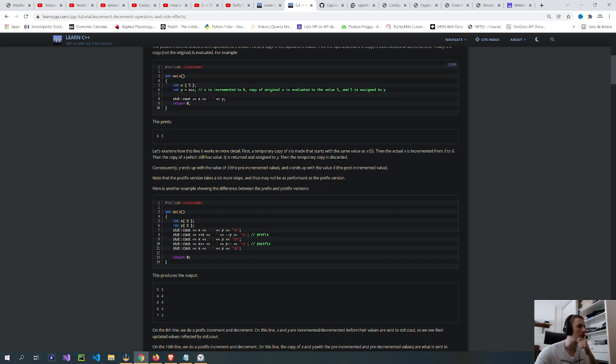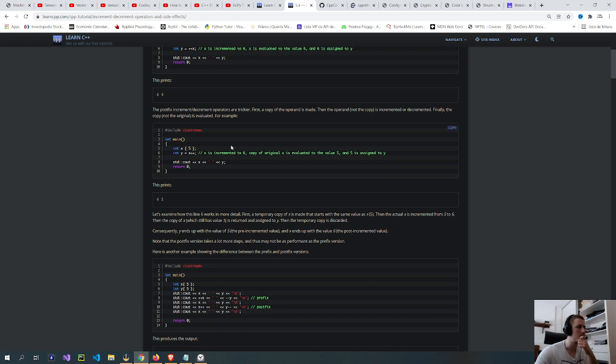So it increments and makes X equal 6, then Y becomes 5. That's interesting. I don't understand why the 5 gets assigned to Y.